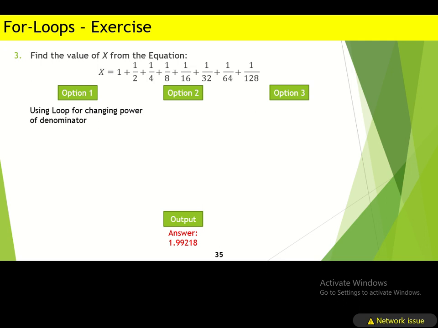Square of 3 is 8 in which universe? 2 power 3, yes. 2 power 3, yes. Okay. So this is 2 power 3, 2 power 4, 2 power 5, and so on. Okay. So I will have a loop, and every time the power will change.